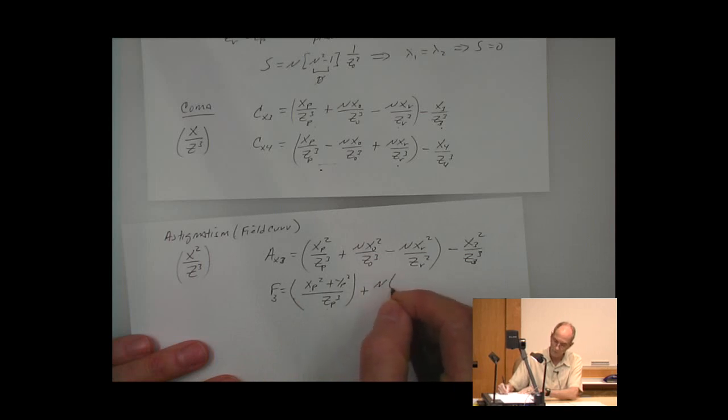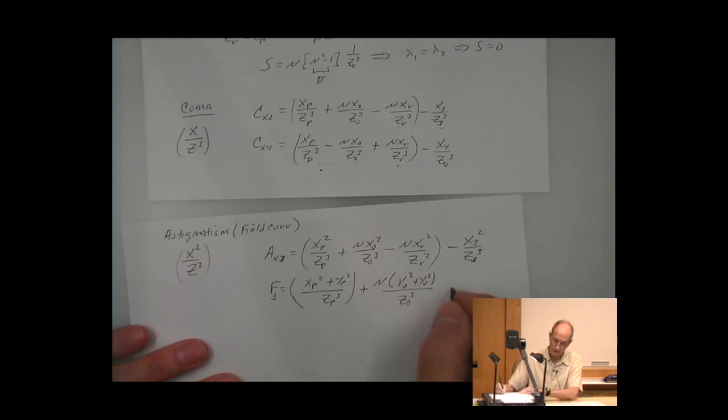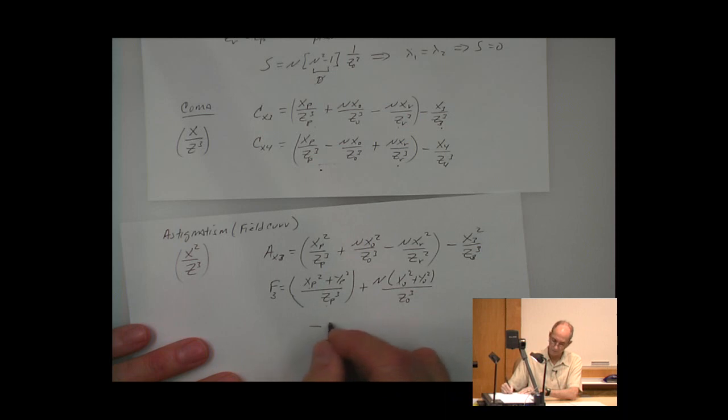So we have mu xo squared plus yo squared over zo cubed minus mu xr squared plus yr squared over zr cubed.